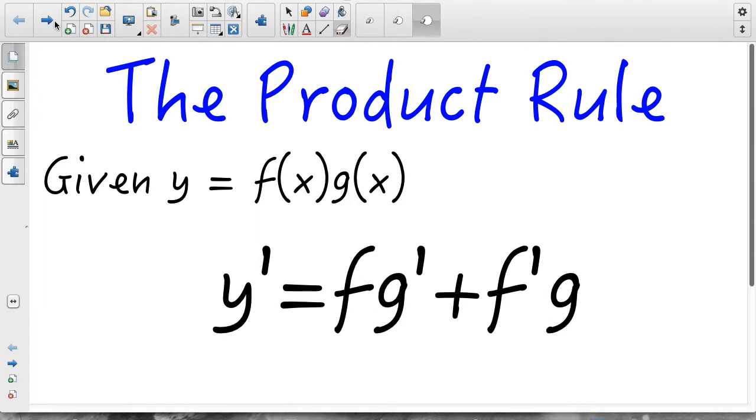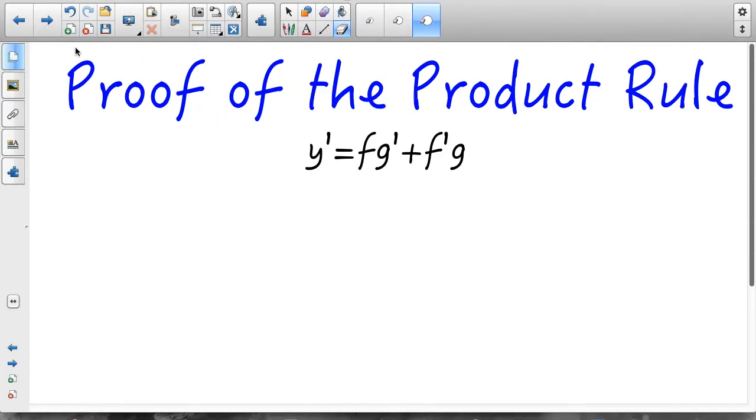Alright, so now on with the proof. One of the things I remember from when I first did calculus is sitting in my university class with 100 students around me, and the prof does this proof of the product rule, and he pulls out all these techniques. I remember him saying there are only 2 real things you can do in math: multiply by 1 or subtract 0, and things like that.